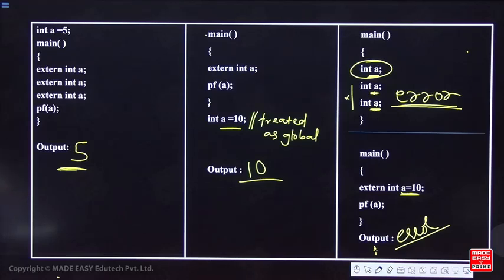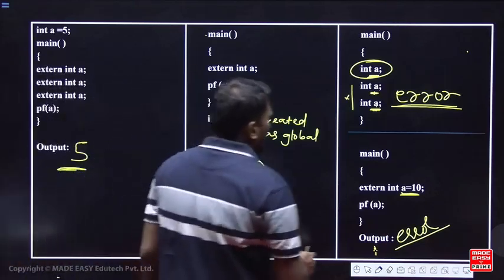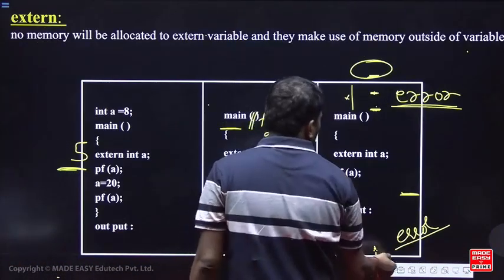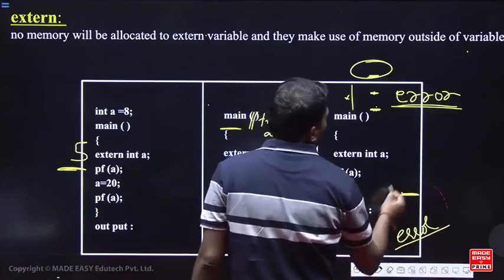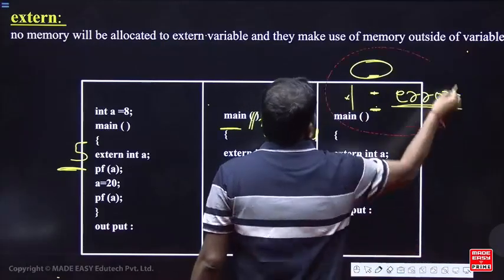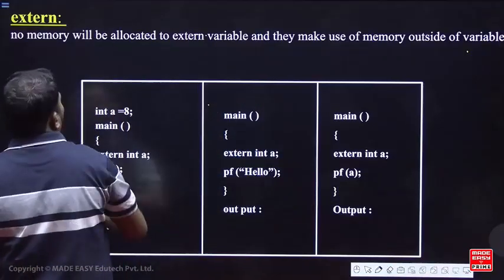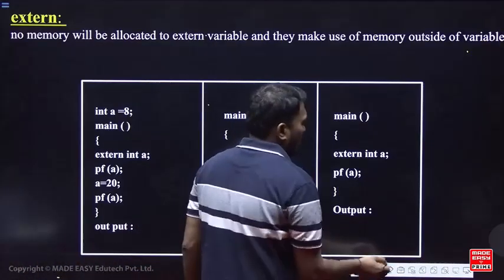Adrija, why does it print error in the third example instead of 0? In the third example, because there is no variable a declared outside. Outside में variable declare पक्का होना चाहिए.